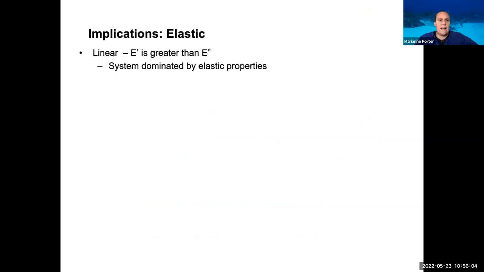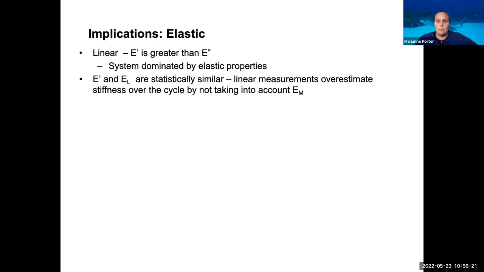And so what this can tell us is that when we're looking at our linear data from a linear standpoint, we're going to have our storage modulus be greater than our loss modulus. So our system is going to be dominated by those elastic properties. And we did find that the storage modulus and the stiffness at largest strain are statistically similar.